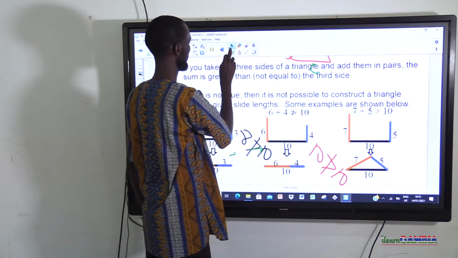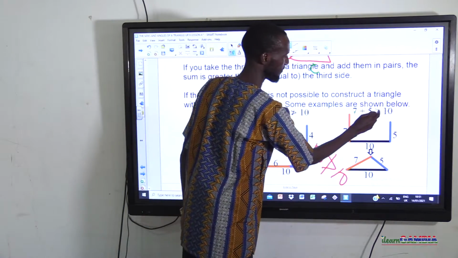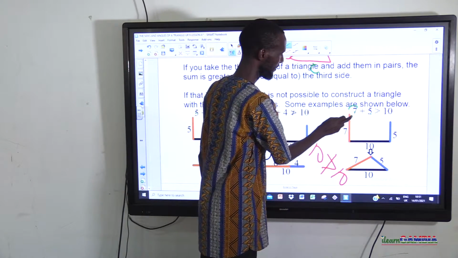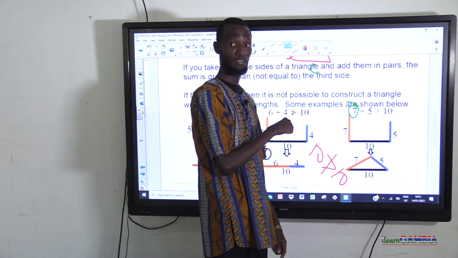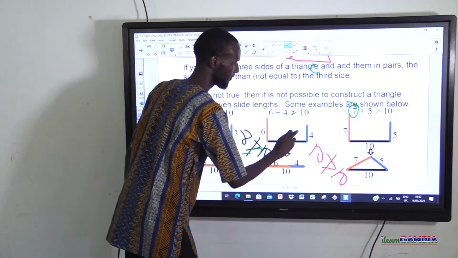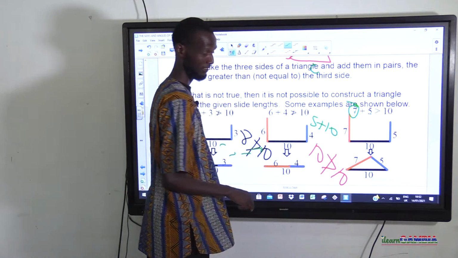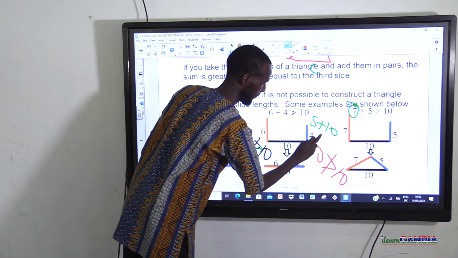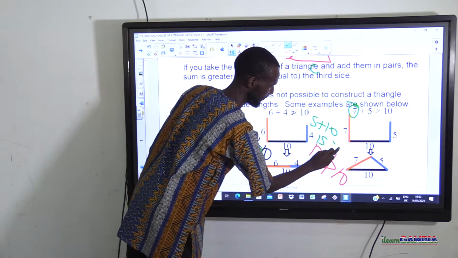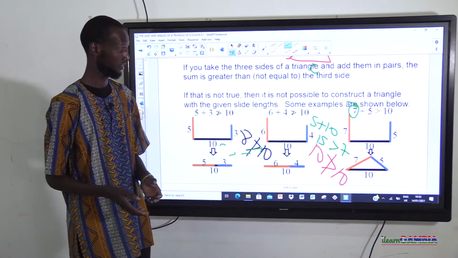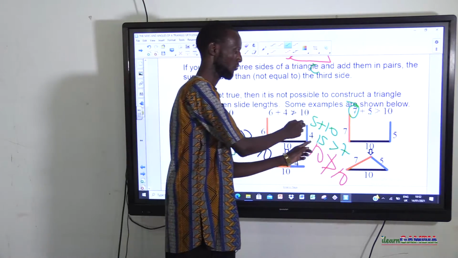Let's add, let's say, the 5 and the 10, and see if we will get an answer greater than our remaining side, the 7. If you add 5 plus 10, you get what? That should give us 15. Is 15 greater than 7? It is, obviously. So that also holds.